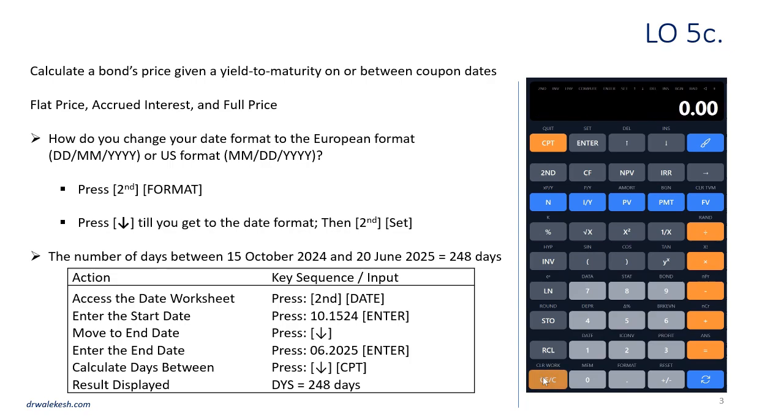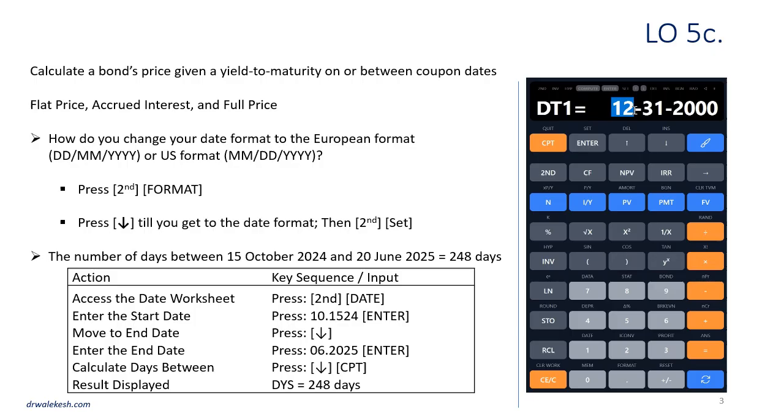So now let us go ahead to compute the number of days between 15th of October 2024 and 20th of June 2025. So I would press second function, then date. So what I have here is the start date, and me looking at this, we have the month first.